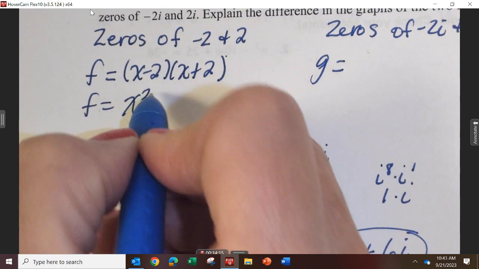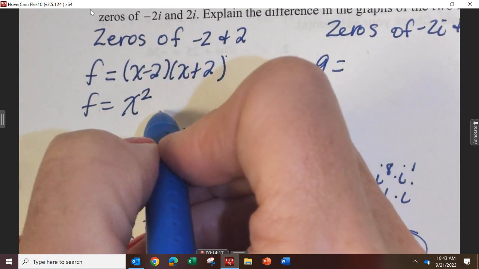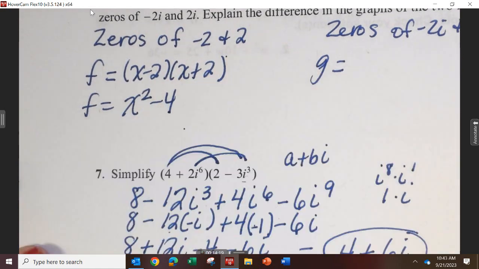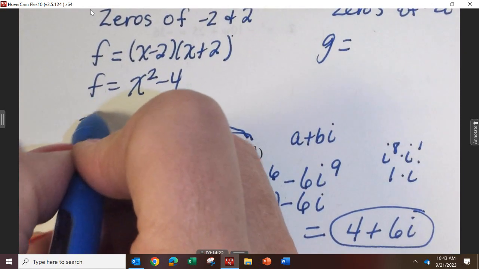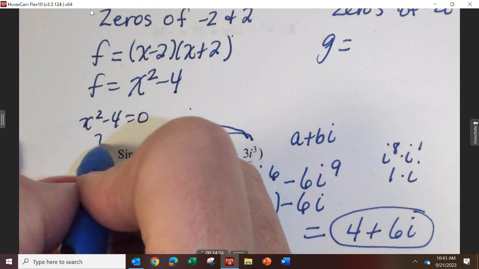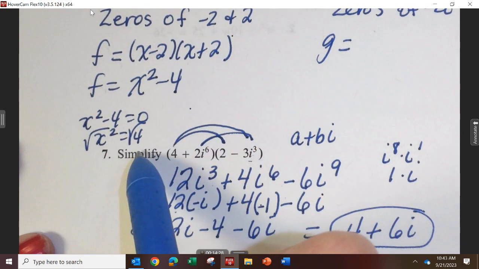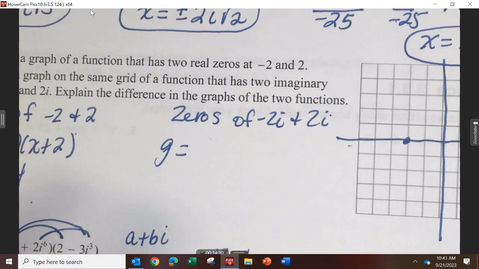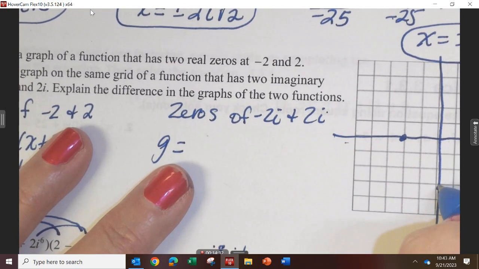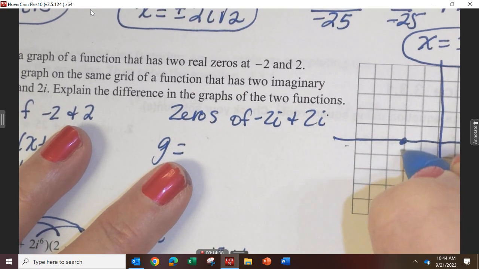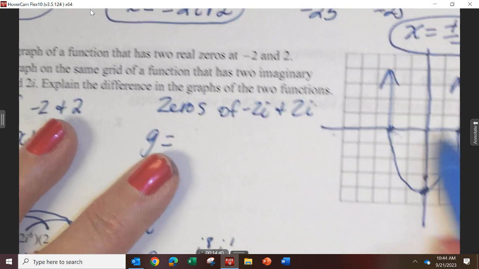X squared, and what else? Minus 4. Okay, would that make sense if I solve this? X squared minus 4 equals 0. X squared is 4. Take the square roots. Would I get 2 and -2? Plus or minus 2? Okay, that's one of them. Good. That would be the way that would look, because those would be our x-intercepts.